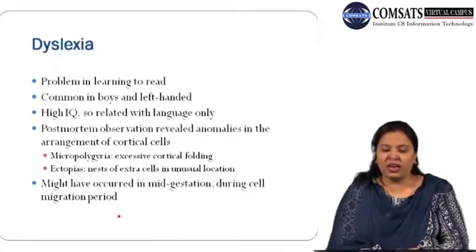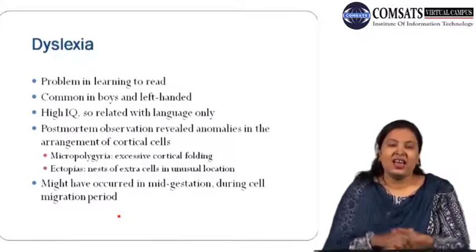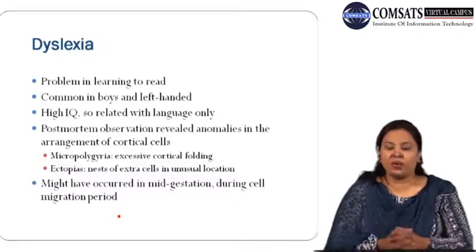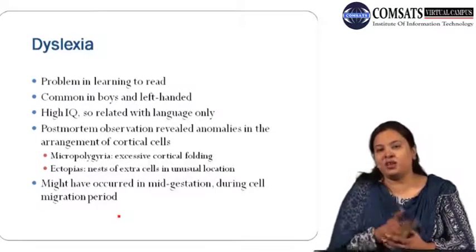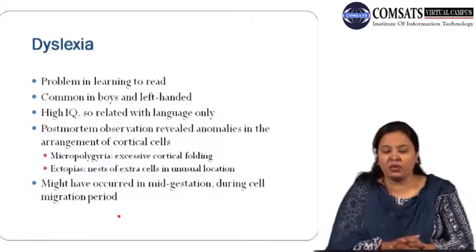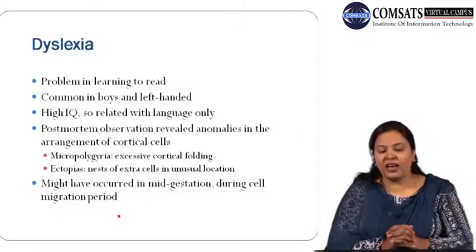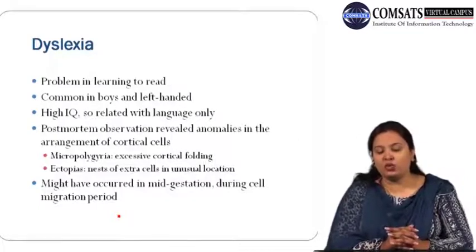High IQs were related with language only. Post-mortem observation revealed anomalies in the arrangement of cortical cells, and it has been seen that in people suffering from dyslexia, the arrangement of the cells in their brain is quite different from normal human beings. There is micropolygyria, excessive cortical folding, or ectopias, that is, nests of extra cells in unusual locations.